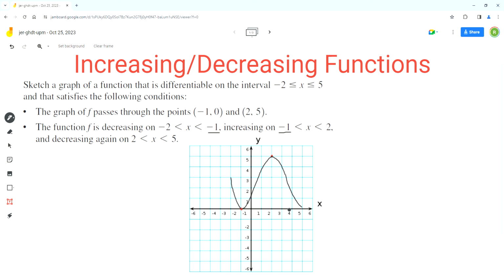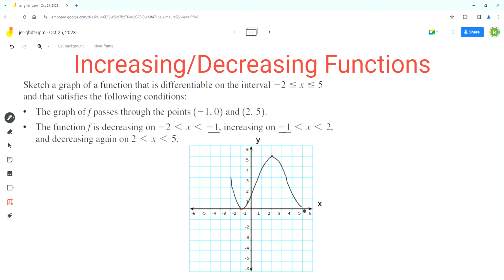So these are the steps you have to keep in mind to draw a graph like this one from this type of information. It's very important to understand that the concept of differentiable means that there is no vertical asymptote, jump, or a cusp. And in this case, this is why we show our graph starts at x equals -2 and ends at 5.